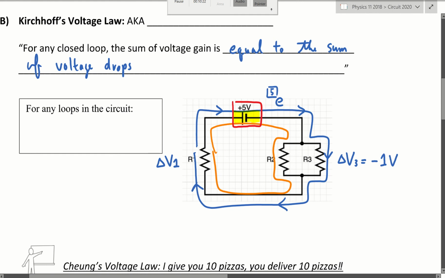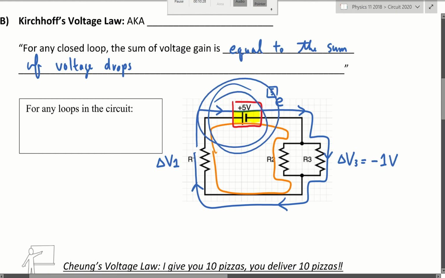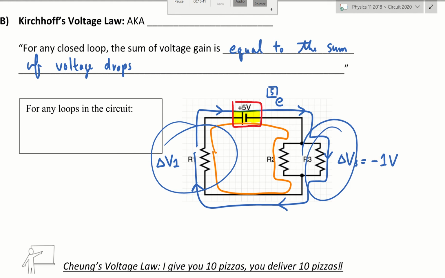If you look at the delivery route for that electron, it picks up energy at the battery, and it has to drop its food at customer number 3 and customer number 1. You might ask, what about customer number 2? Customer number 2 is not on his or her delivery route. That is for the orange electron to do.